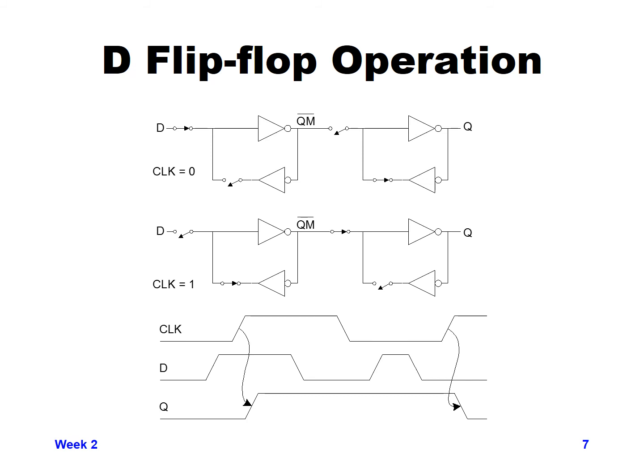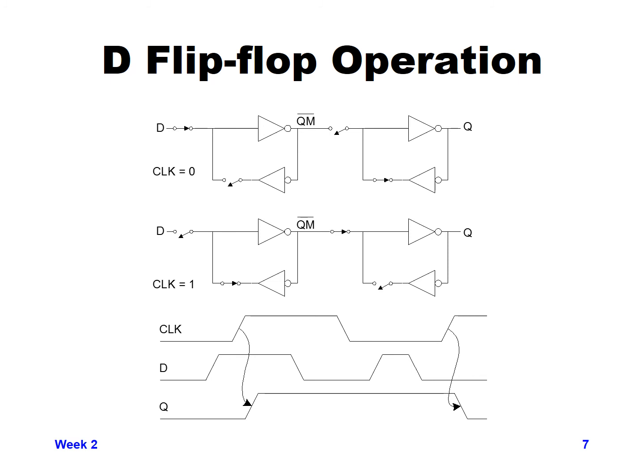The input to the second latch is not open, so we're not capturing the value of QM bar. Instead, the switch of the feedback loop of the second latch is closed, so whatever value was previously in that latch is just being held, and the output Q is a stable value when clock is low.